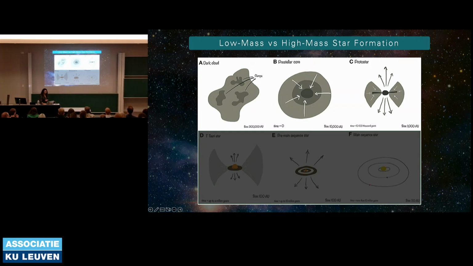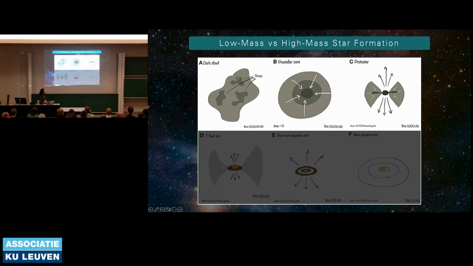High mass star formation is a bit more difficult because at this stage of the protostar that we call the massive young stellar object stage, the star and the accretion disk and all that is really bloated in a dusty envelope and is really opaque to the visible wavelengths.